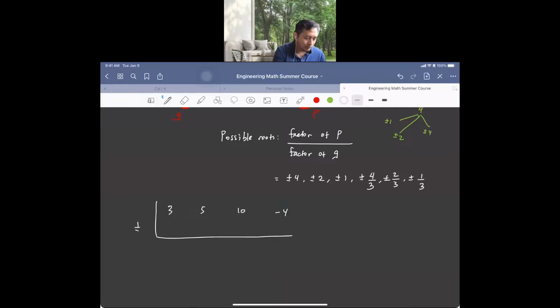So check the 1 over 3. It's 3, it's 1. Okay, 5 plus 1 is 6, 4 over 3. And then this will be 26 over 3, right? Is it correct? 5, 4.